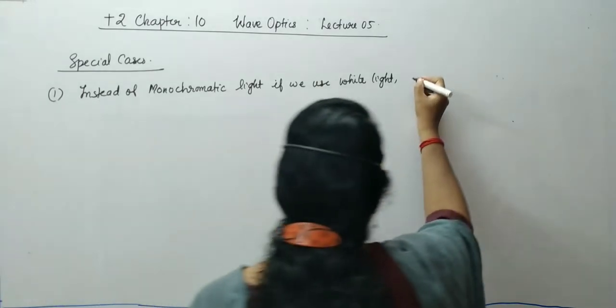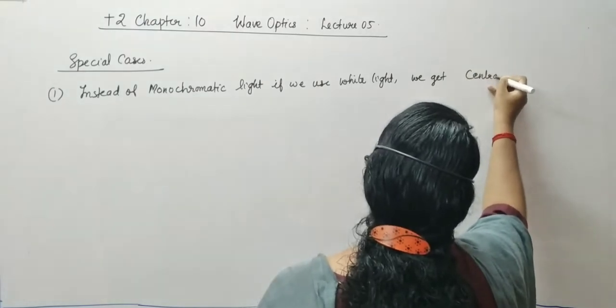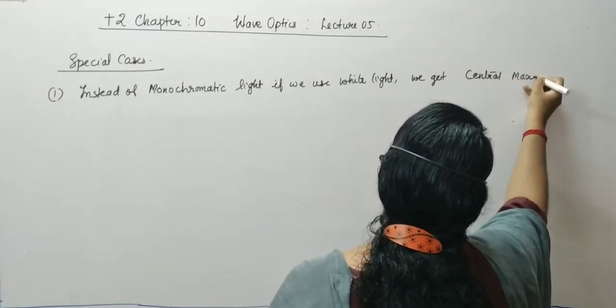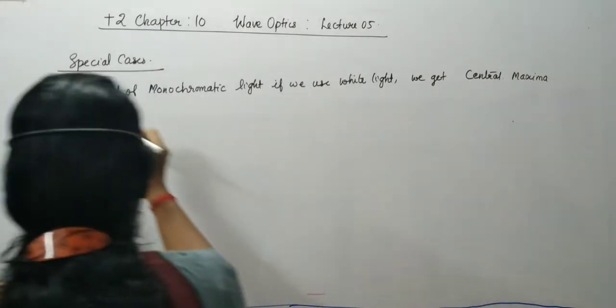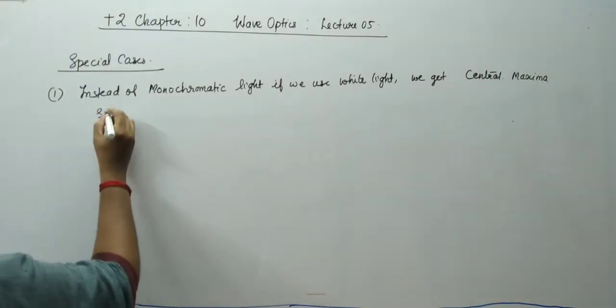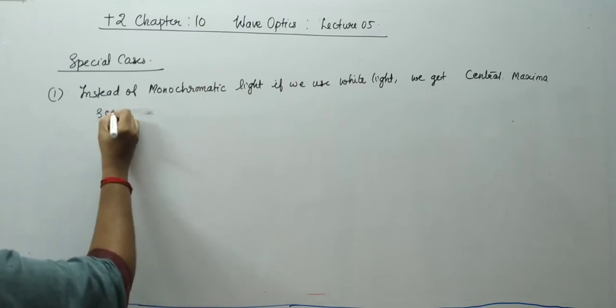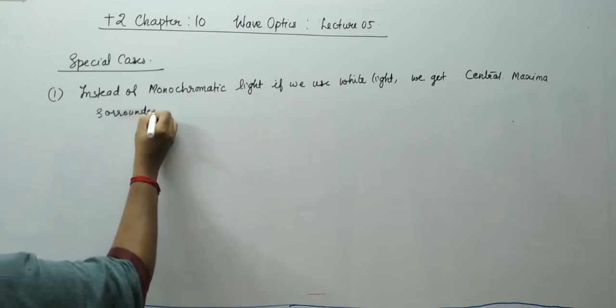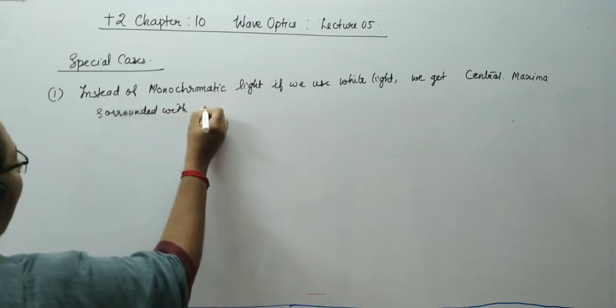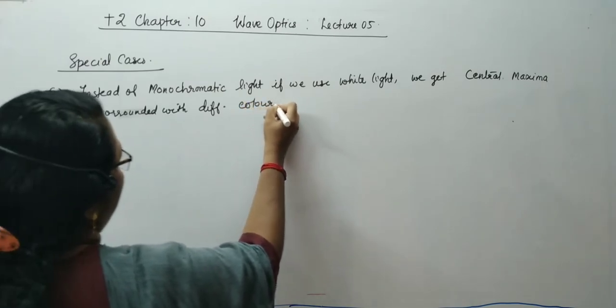Okay, we get central maxima surrounded with different colored patterns.